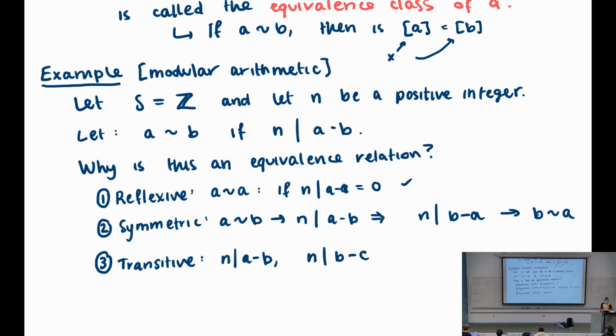Basically we can combine these two statements. What we're trying to determine is if n divides A minus C, and this is just equal to A minus B plus B minus C. And since n divides each of these parts, you can show that n divides A minus C, which is what we needed to show.